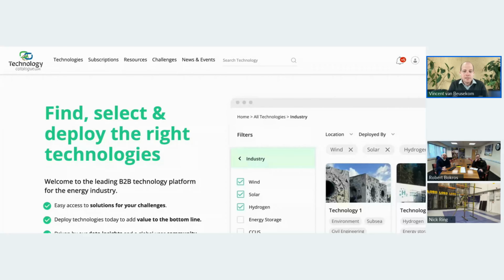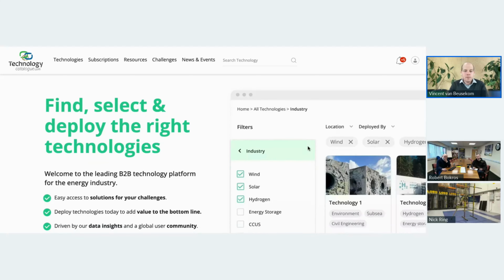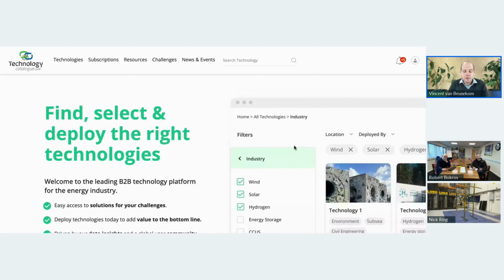The topic is scaffolding and reducing scaffolding cost and time in the energy industry, whether it's onshore or offshore, which remains a challenge for many operators. It's also a very nice example of how you can use our platform to very quickly find what solutions are out there on the market today, and who of your peers or competitors may already be using those solutions.